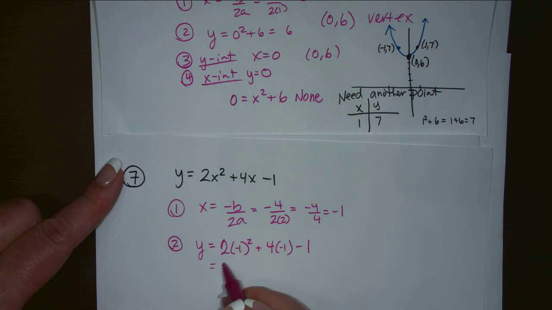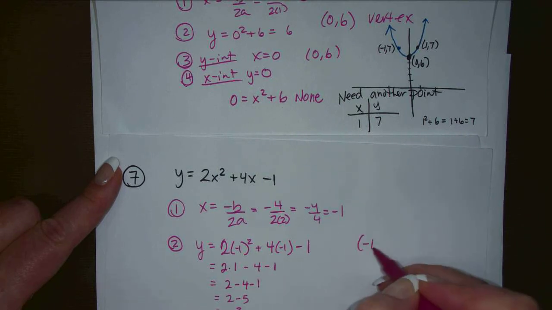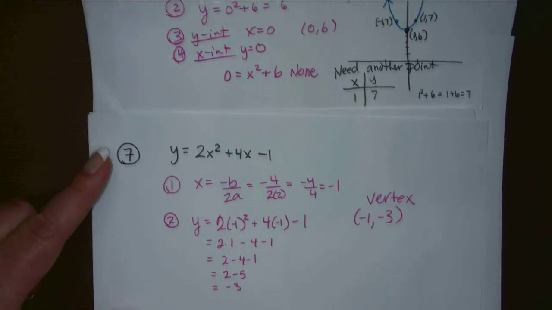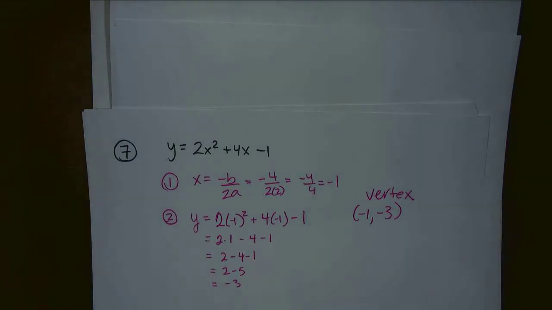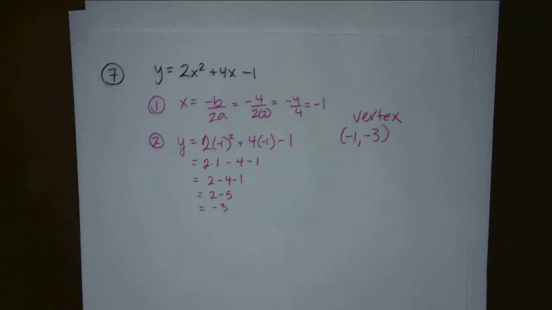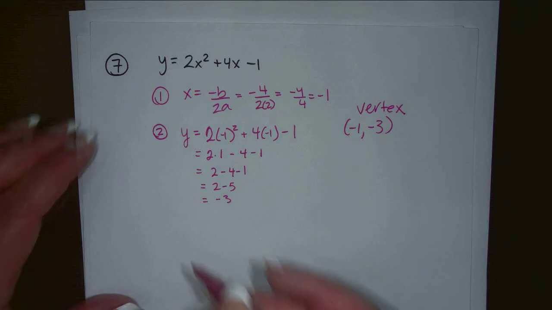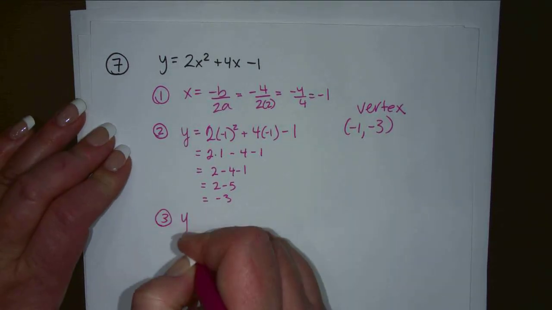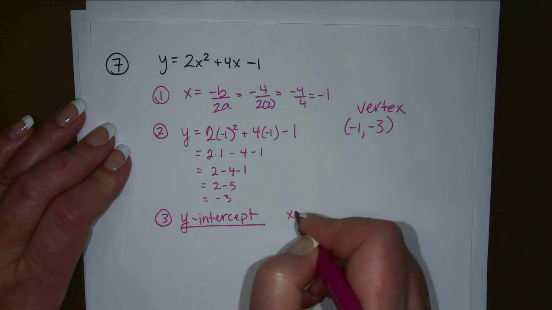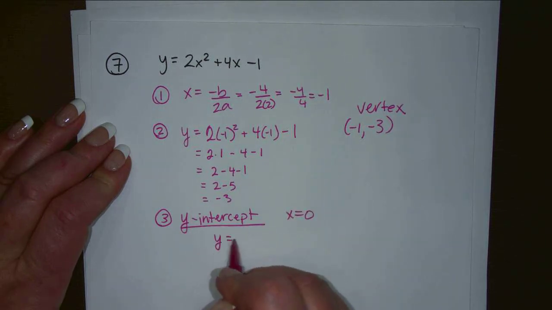So 2 times 1 minus 4. Okay, the y-intercept. That's the easier one.